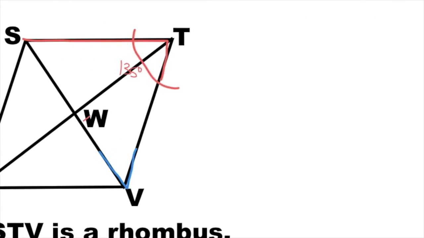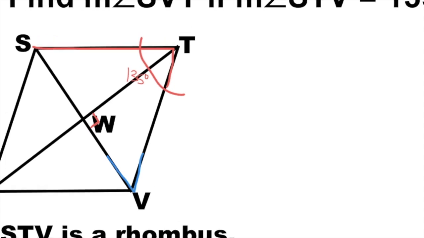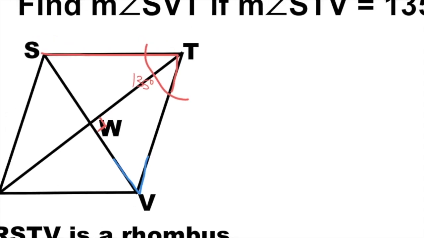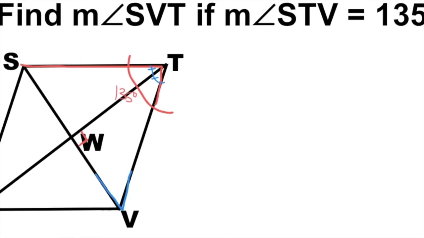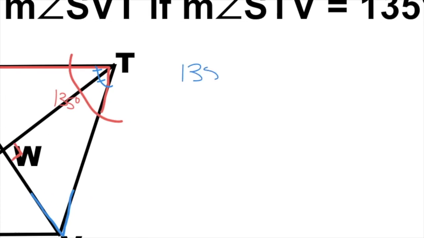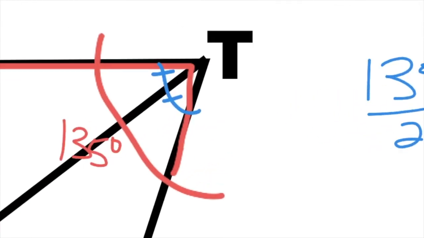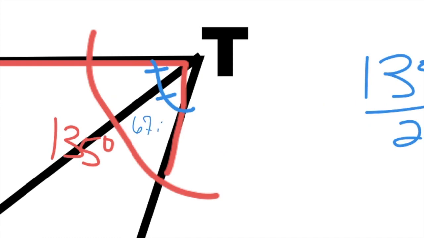I know that this angle in this triangle over here, because it's broken into 4 triangles, is 90 degrees. I also know that this angle right here is congruent to that other little angle. So I can cut 135 in half, and it should give me the second angle in that triangle. I believe it's 67.5 degrees. So I'm going to write that in here, 67.5 degrees. And so is this one also, okay?